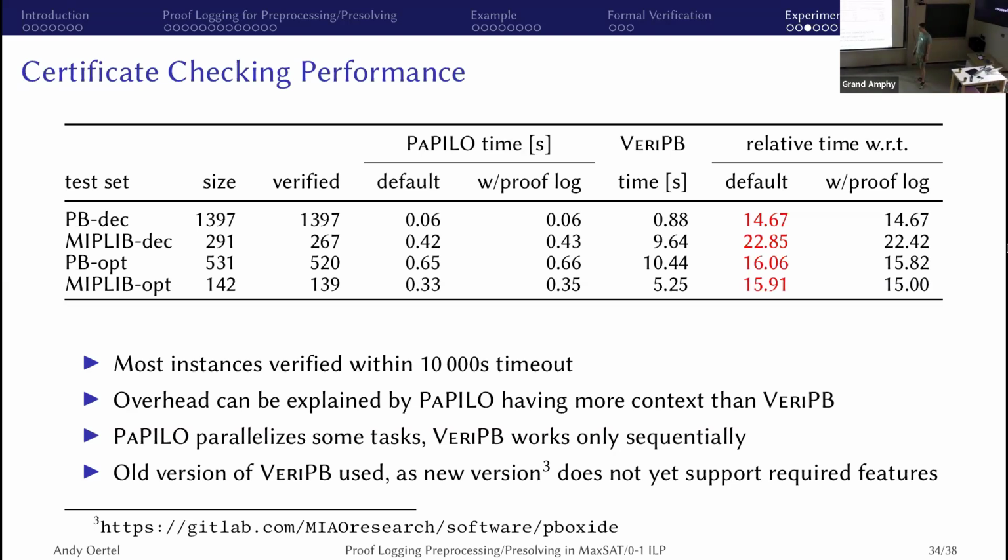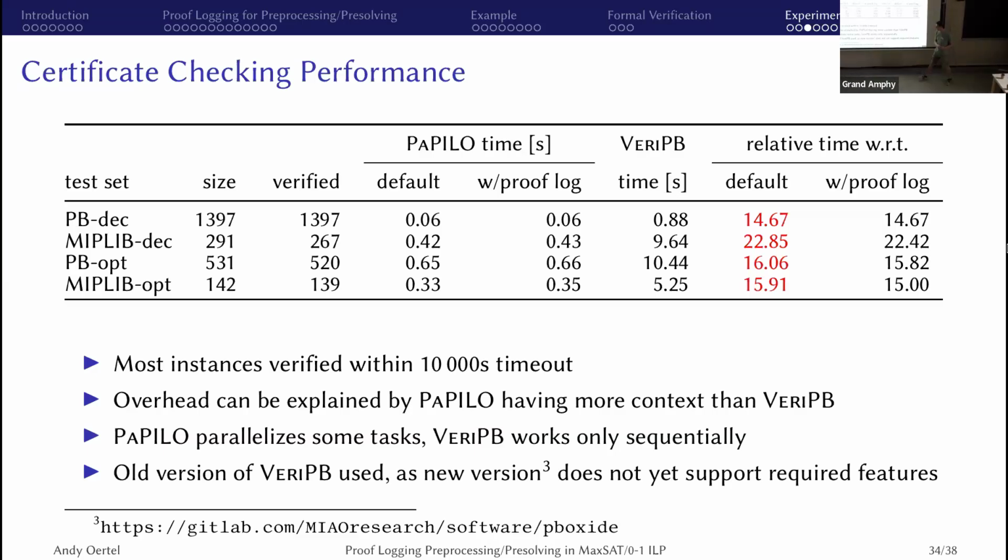There are several reasons for that. Papilo works in parallel, VeriPB is only sequential. Then the experiments were done with the old version of VeriPB and the new version that we have coming up does not support presolving and preprocessing yet.